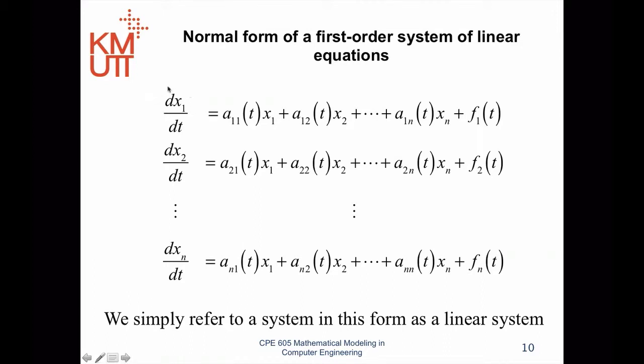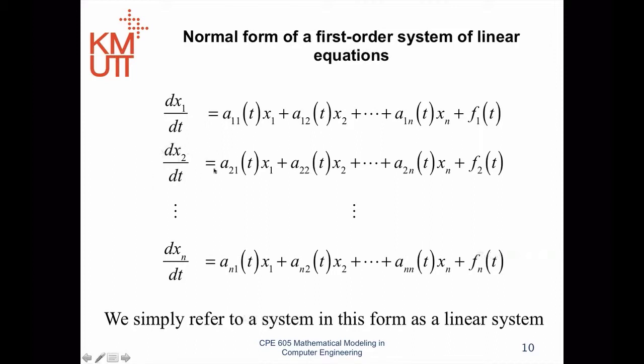It describes the change as equal to a coefficient multiplied by the population x1, plus another coefficient multiplied by the population x2, and so on until the coefficient multiplied by the population xn, plus some function f1, which is something like an external forcing function that is applied to the population x1.